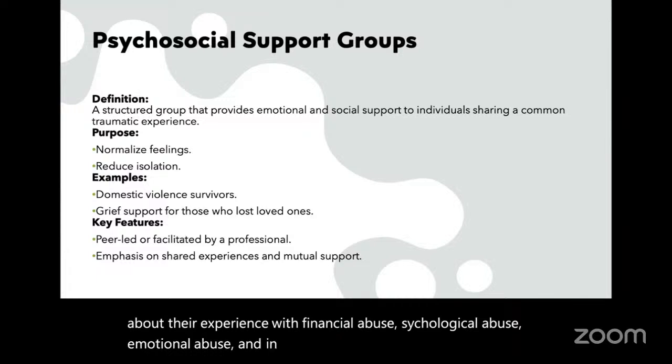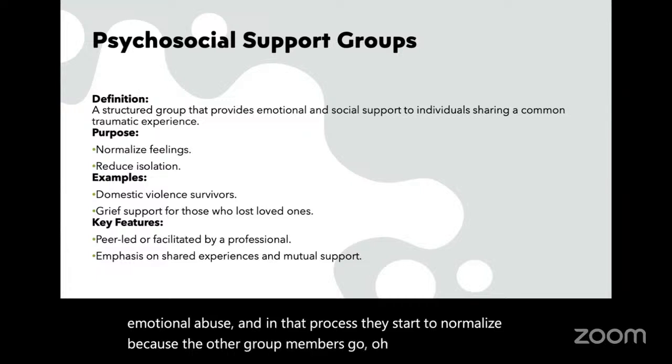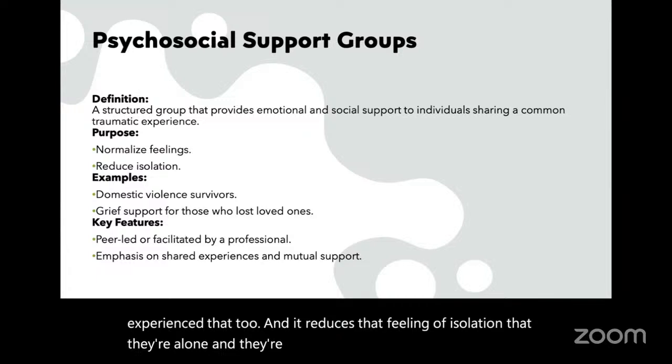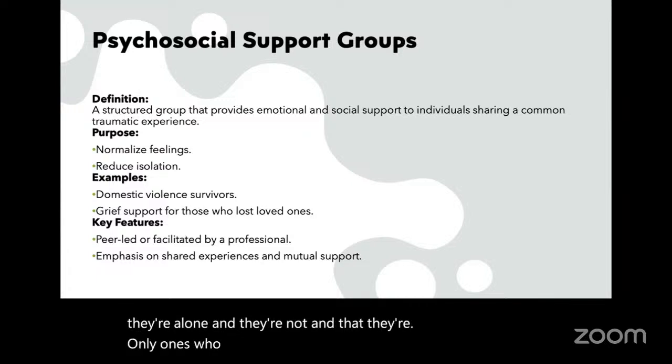And in that process, they start to normalize because the other group members go, oh, I experienced that too. And it reduces that feeling of isolation, that they're alone and they're the only ones who have experienced all of these different things.